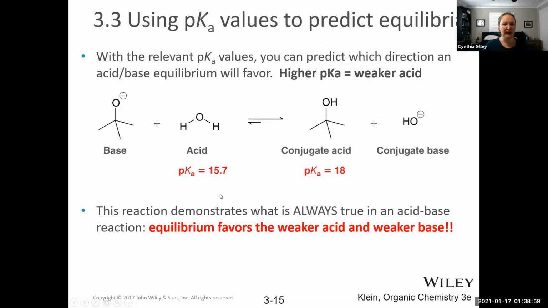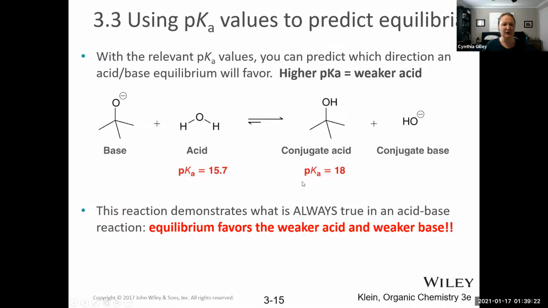Okay, when we're looking at an acid-base equation, what we can do to predict which direction the equilibrium favors is, if we have pKa values, to use those pKa values for prediction or comparison. Water has a pKa of 15.7 and tert-butanol has a pKa of 18.